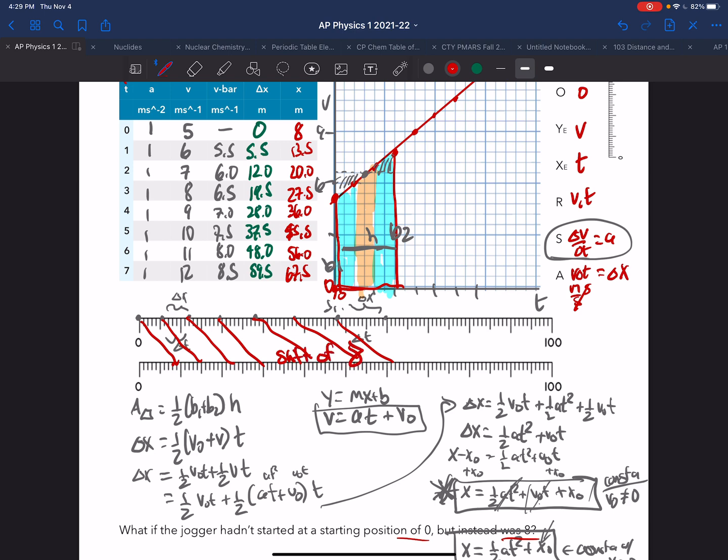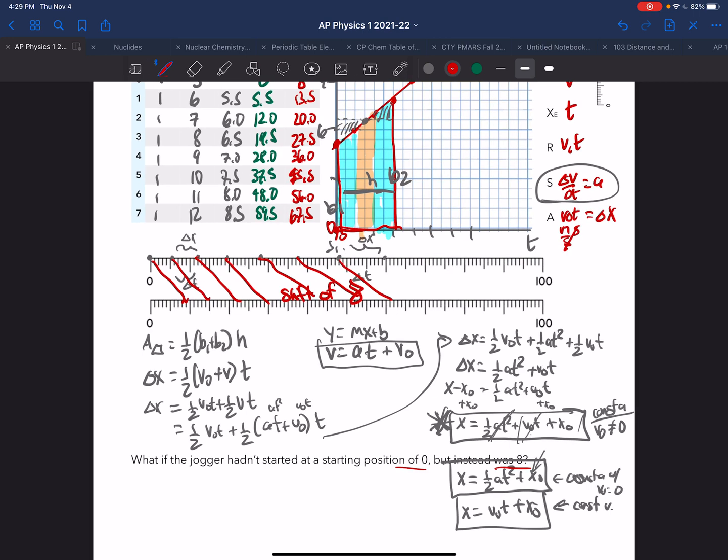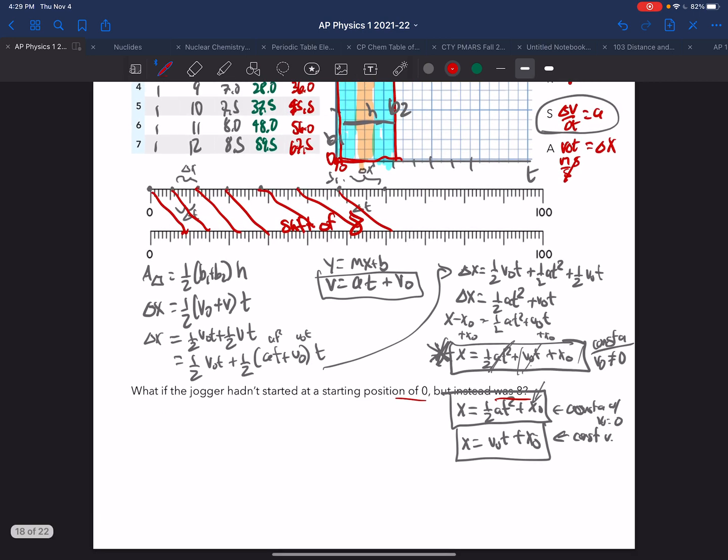What you will often see is people using the formula delta x equals 1/2 at squared plus v0t with no x0, and they just deal in displacements. But remember, delta x is x minus x0.